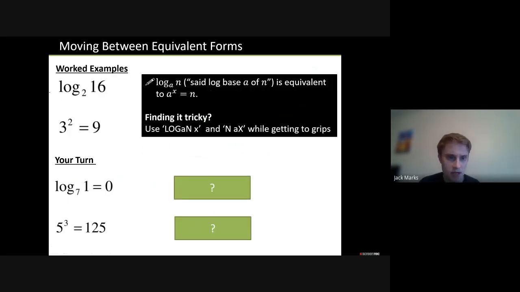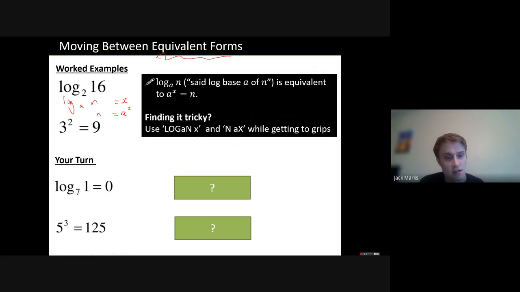So moving between equivalent forms, you should be getting pretty good at this one now. So remember, you can always go back to log x is equal to n equals a to the x is another way that we could say this one as well. So if we want to move between different ways of writing it, you may wish to use this as we've got here.